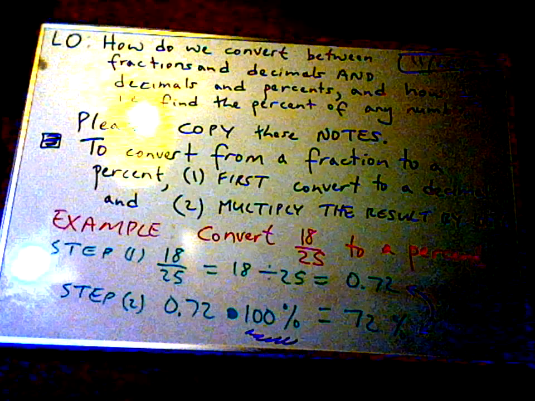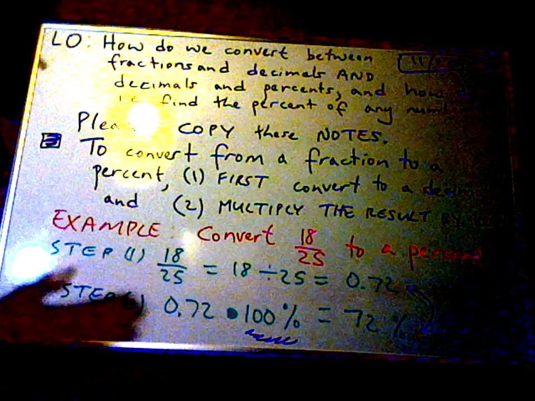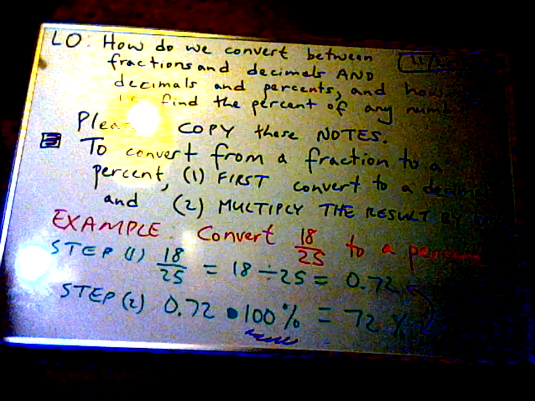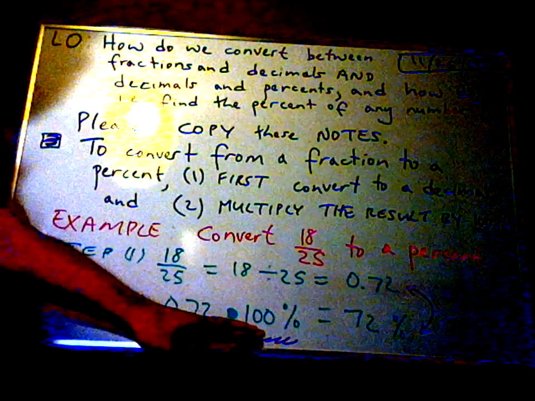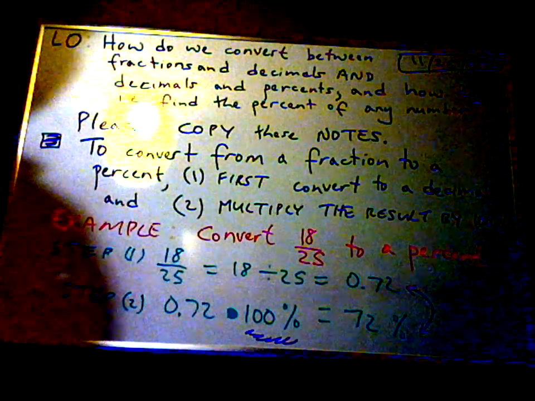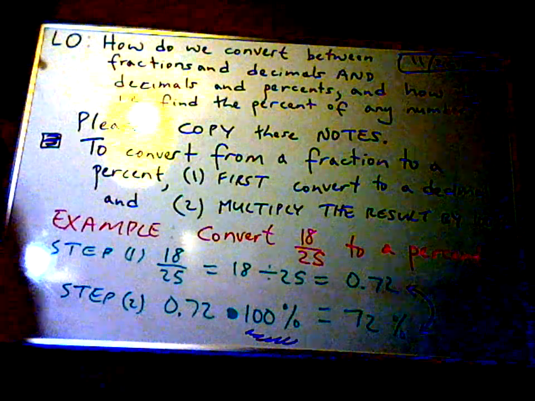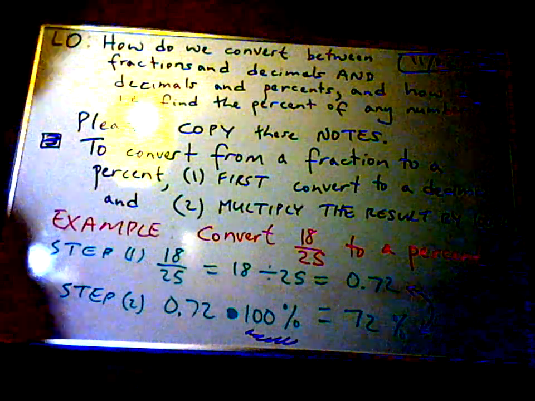Why are they equal? Well, yes, you're right. They are equal because when you multiply by 100%, you are just multiplying by 1. 100% is equivalent to 1, and the value doesn't change when you multiply by 1. Okay?